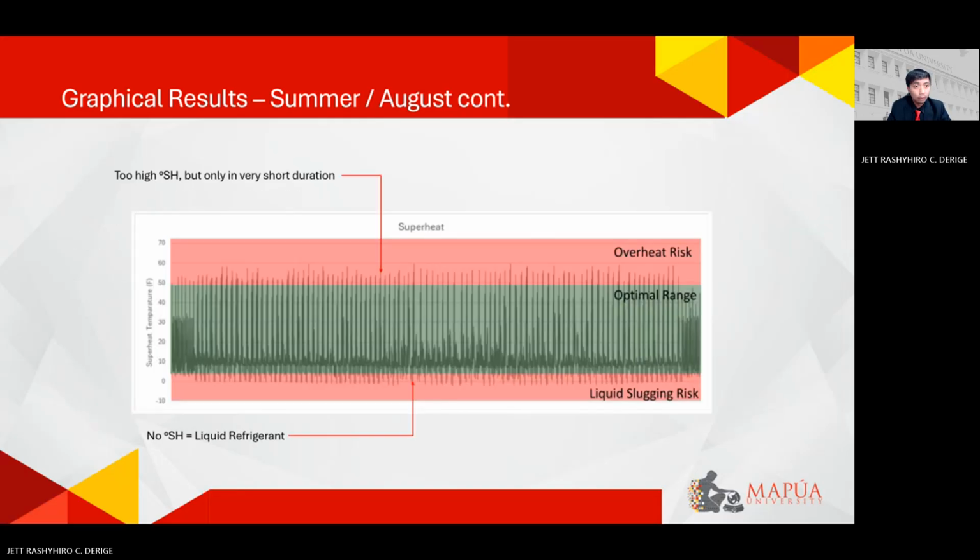So for the superheat, as you may see right here, there is liquid refrigerant entering the compressor, based on negative or no degree superheat readings. As you can see right here, there are liquid slugging risks, but the compressor motor would be able to vaporize the liquid refrigerant before getting into the compression chamber.